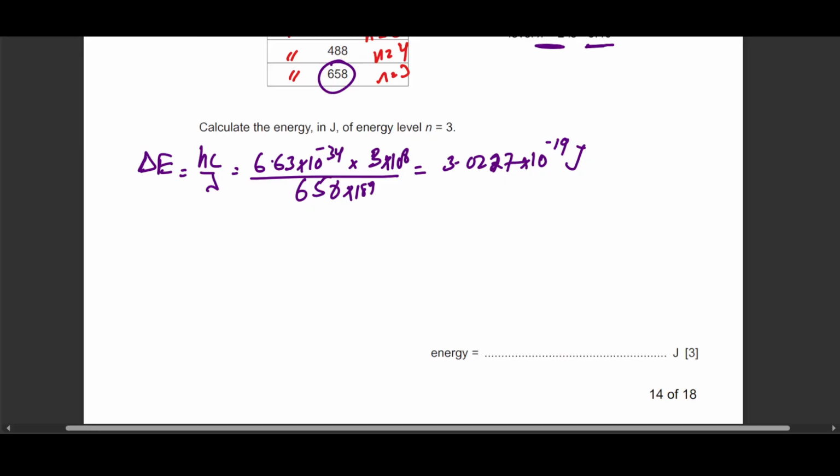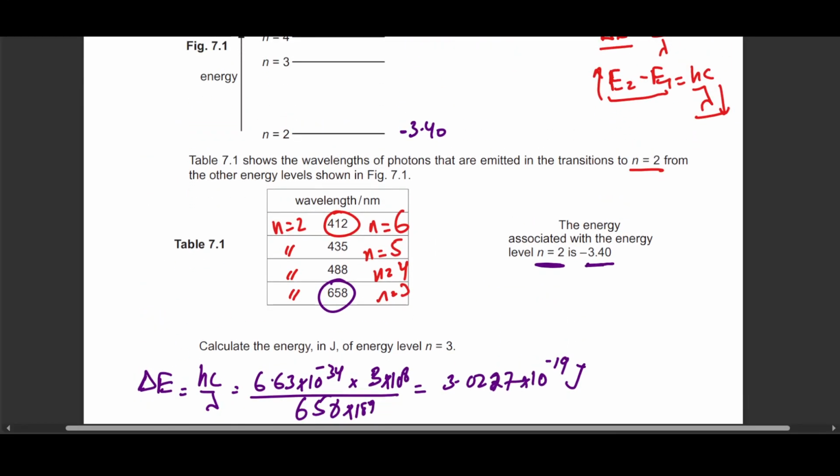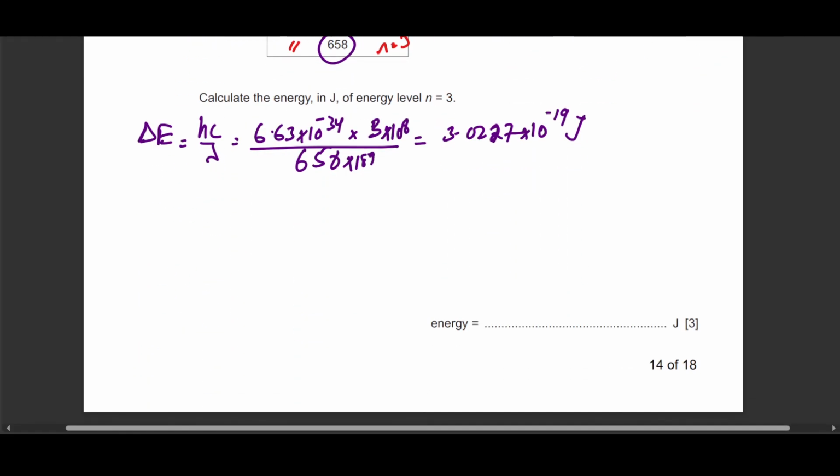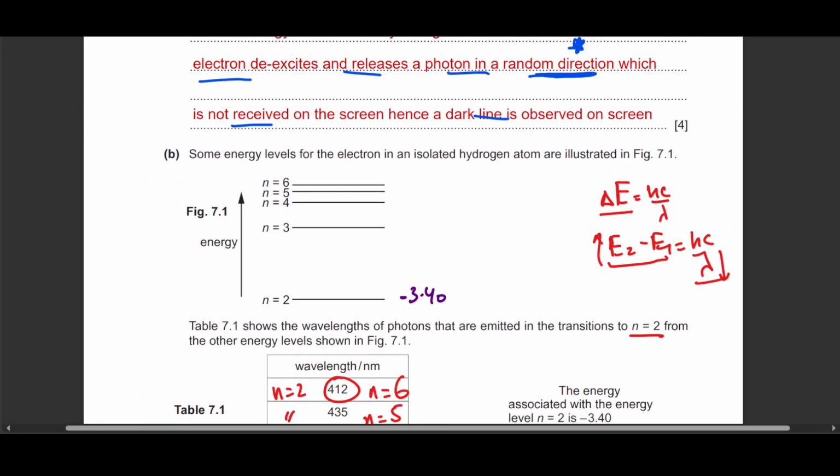Do we have the energy at level 2? Yes, we do. So change in energy is equal to E3 minus E2 equals a number that is going to be 3.0227 into 10 raised to power minus 19. Because we went from this level to this level, some photon hc by lambda must have been emitted because of the difference of the energies, right?